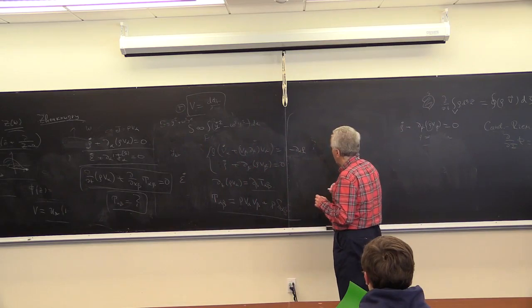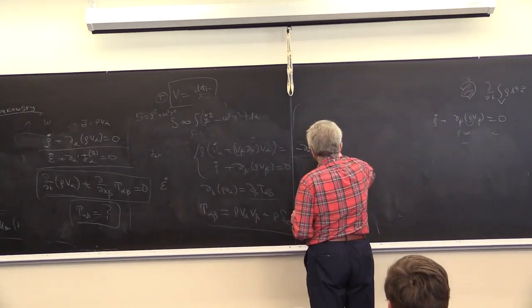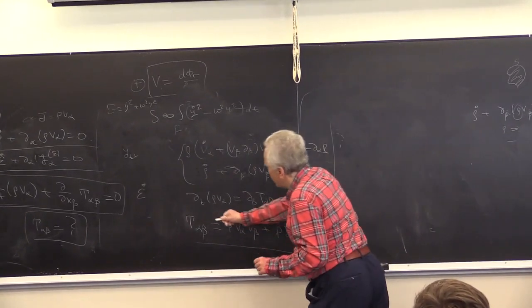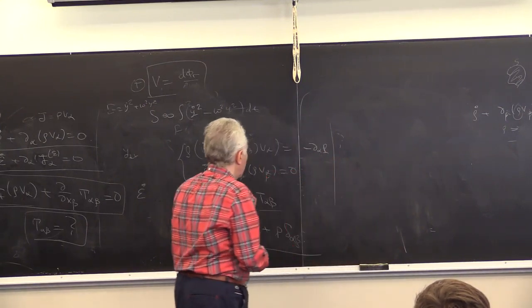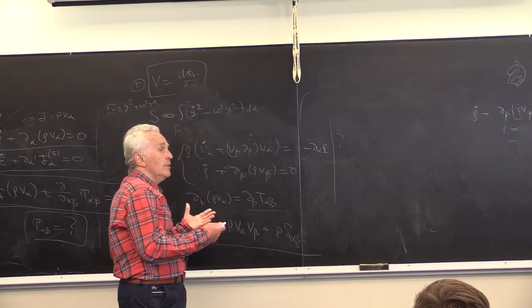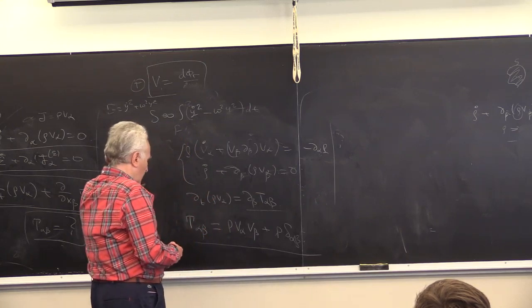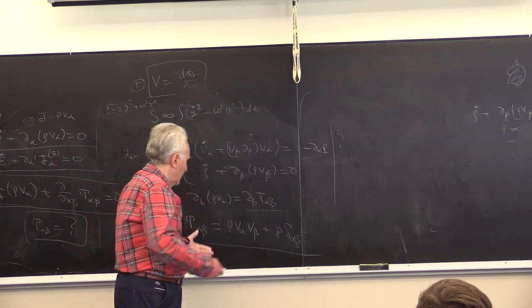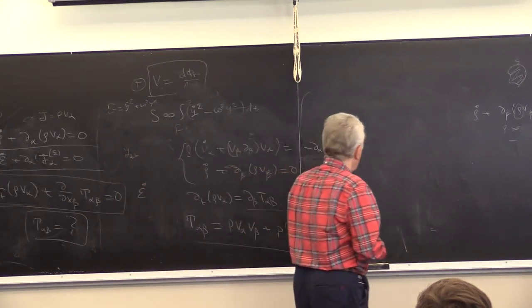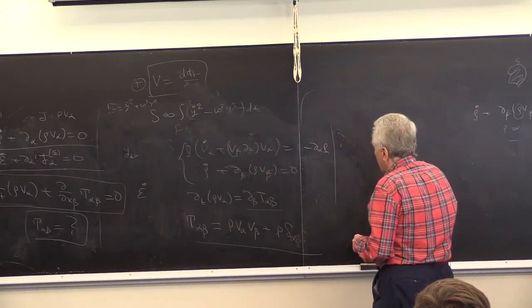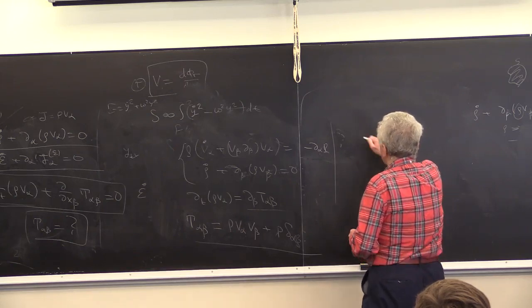And for that, we need to add to this T alpha beta some terms with derivatives, which we still assume small. Velocities are also assumed small.